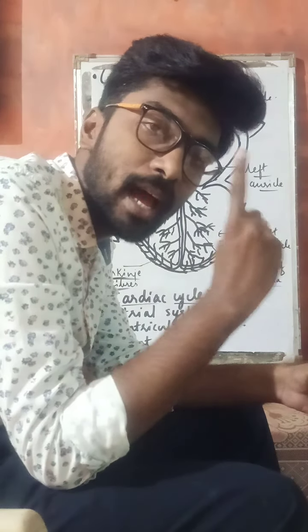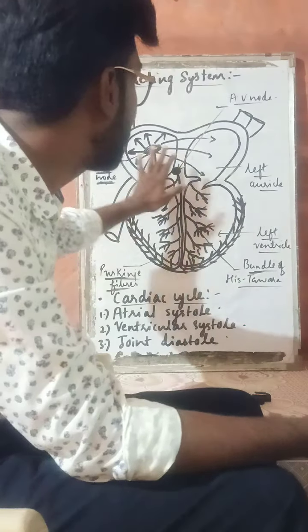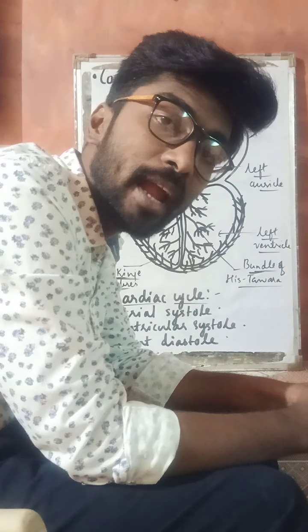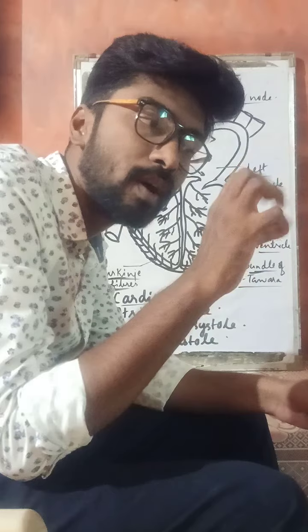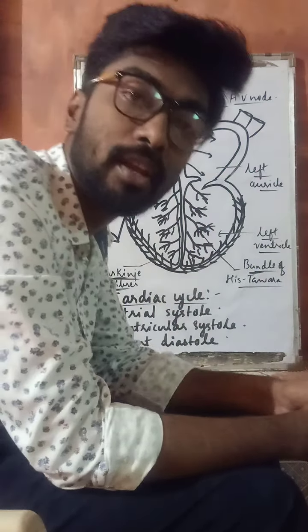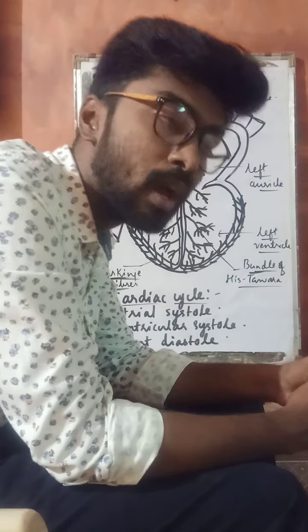Because सबसे पहला impulse जो निकला है वो आपके SA node से निकला हुआ है और ये आपका मेंटेन करता है duration और the pace between first contraction and second contraction. That's why SA node is called the pacemaker of the heart.